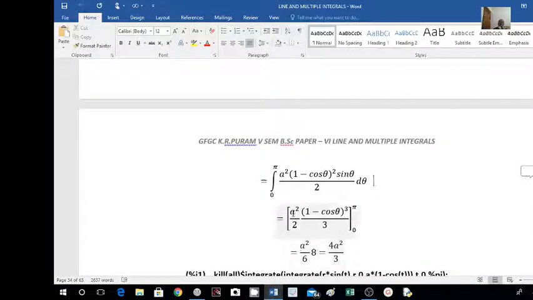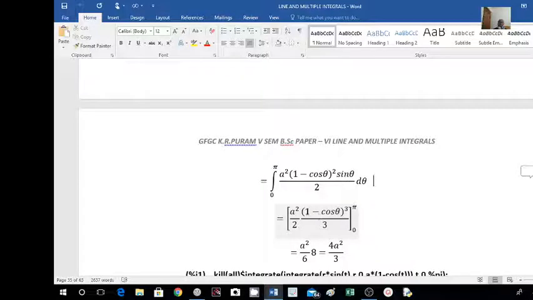Substituting the upper limit, this a square divided by 2 into 3, that is 6, I will keep this as it is. If I put theta equal to pi, I am getting 1 minus cos pi. What is the value of cos pi? It is equal to minus 1. Minus of minus 1 will become plus 1. 1 plus 1 is 2. 2 cube is 8.